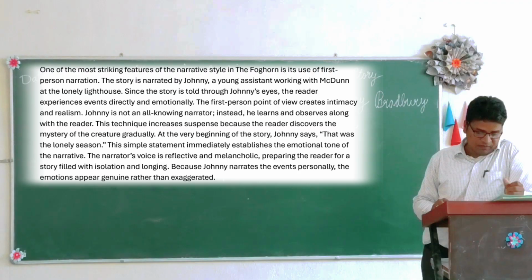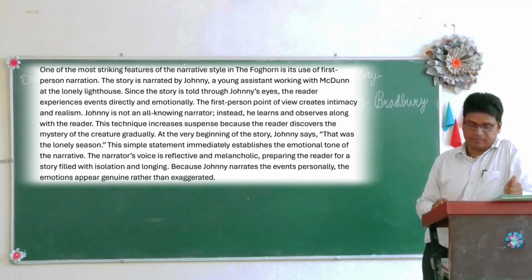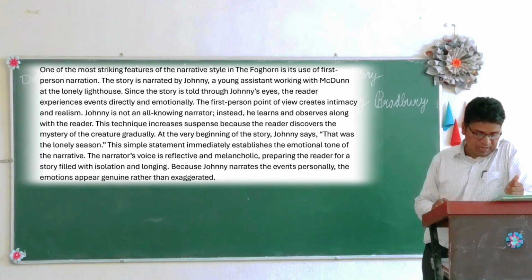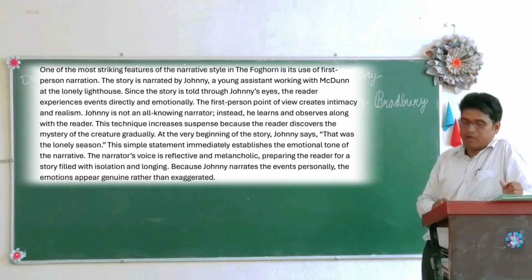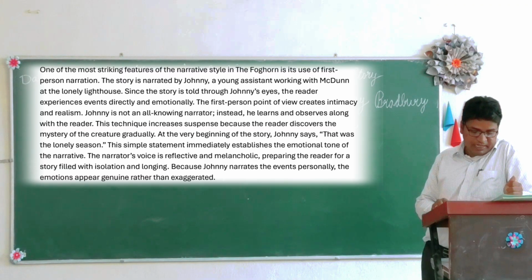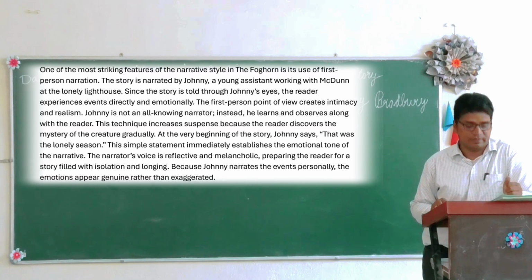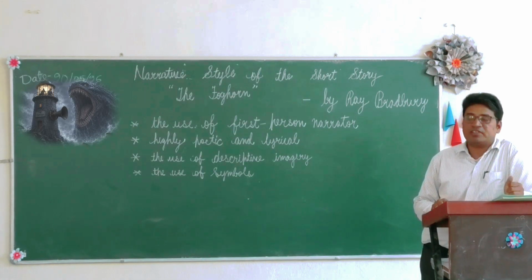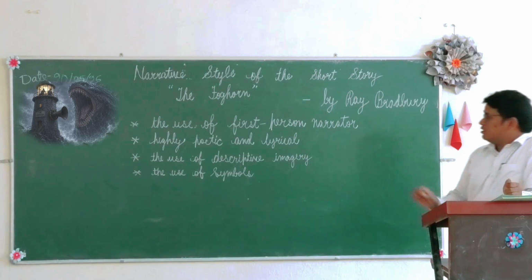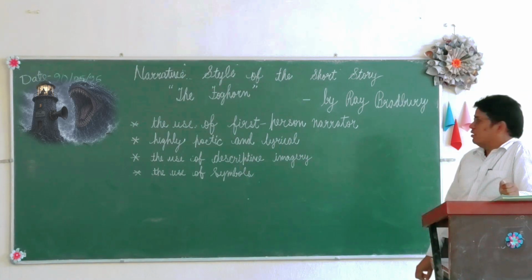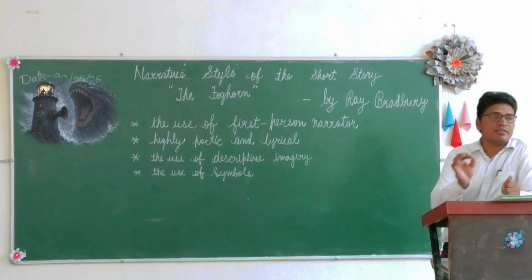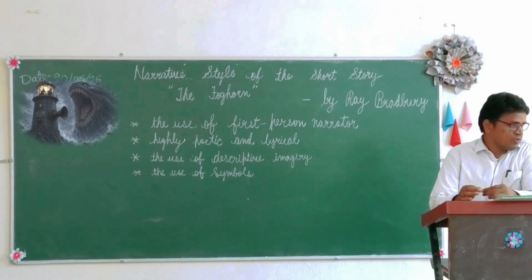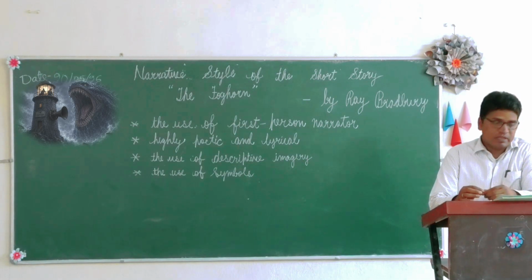The narrative's voice is reflective and melancholic, preparing the reader for a story filled with isolation and longing. Because Johnny narrates the events personally, the emotions appear real rather than exaggerated. So this is the use of first-person narrator. Purpose is realism and intimacy. Okay? Not any exaggeration.